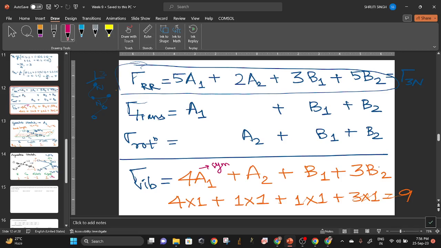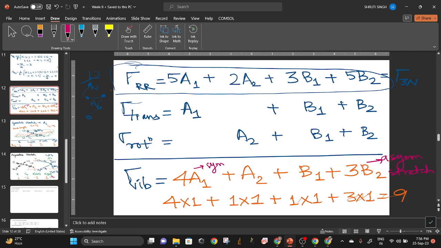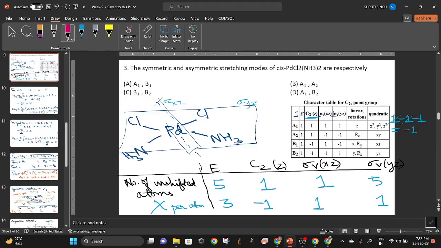And out of these three B2, one is asymmetric stretch. So now we have the complete answer for this question. One is A1, one is B2. This is option D.